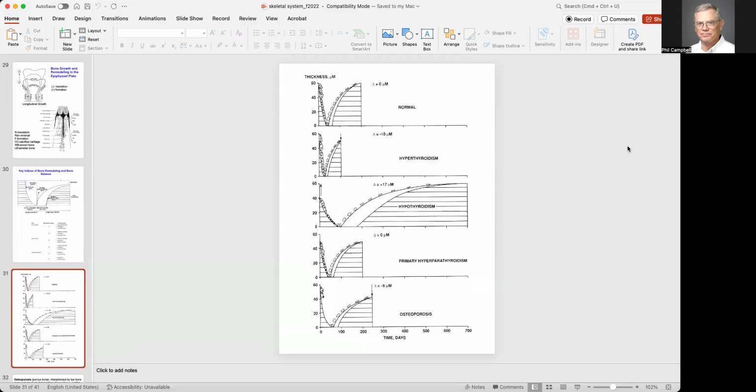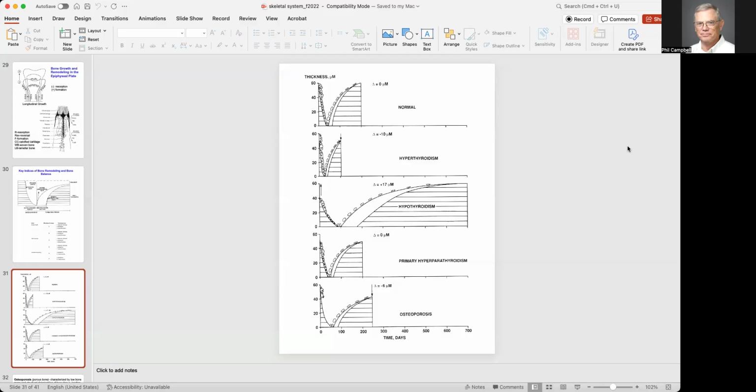All right. Now, let me give you a couple of examples of some pathological conditions, so we can see how these bone remodeling units can change. Look up at the top. The top is a normal bone remodeling sequence for cancellous or trabecular bone. It's 200 days long, and let's say our trabecular bone is 60 microns thick.